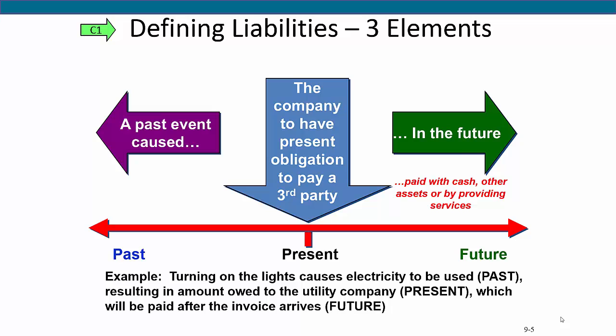A liability is an amount we owe today that was caused by an event that already happened in the past and will require us to pay cash or sacrifice something in the future to extinguish the obligation. Liabilities play an important role in financing most business activities.